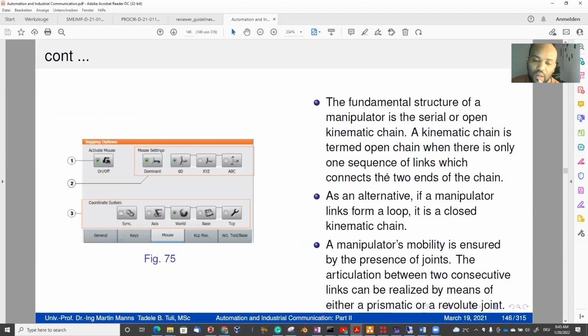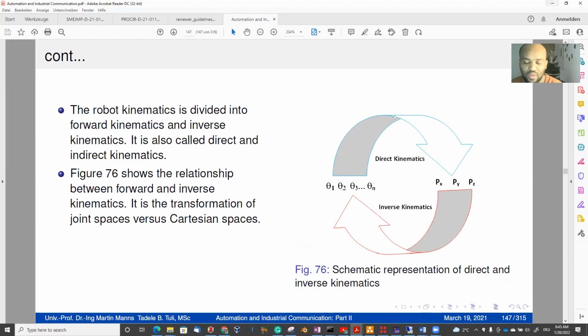Actually, here the point is, let me make it clear. In forward kinematics, which we also call direct kinematics, you know the theta values. Move θ1 30 degrees, θ2 45 degrees, θ3 90 degrees, and then you will calculate the end effector position, which is px, py, pz.